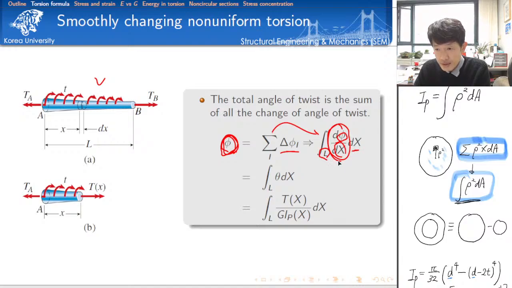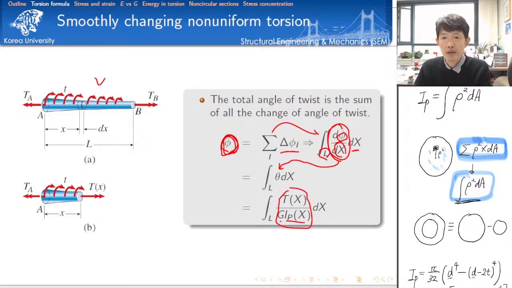The derivative of angle of twist with respect to coordinate was defined as the rate of twist, isn't it right? And here the rate of twist, from the torsional formula, is nothing but the internal torsional moment divided by the shear modulus and the polar moment of inertia. It is really straightforward. Then what is the solution procedure? You have to calculate the distribution of torsional moment using the force equilibrium condition.